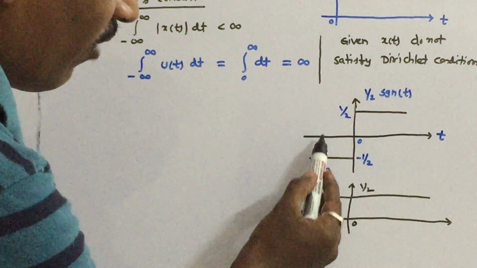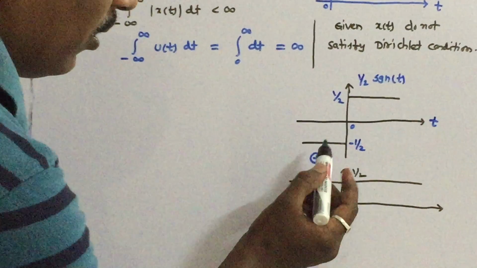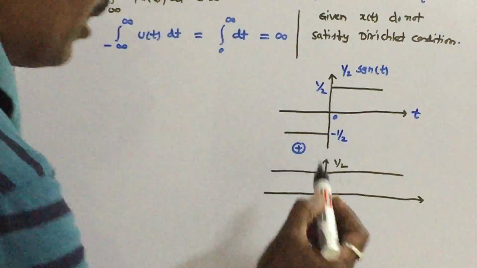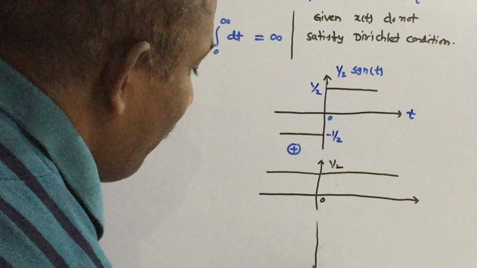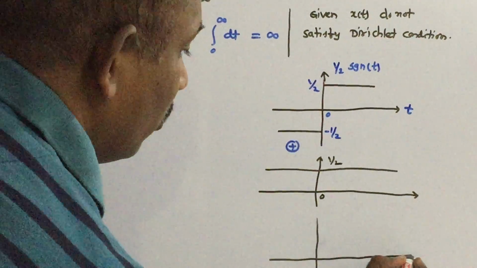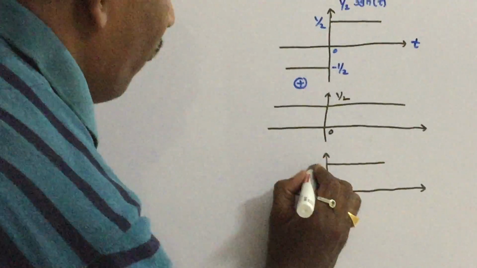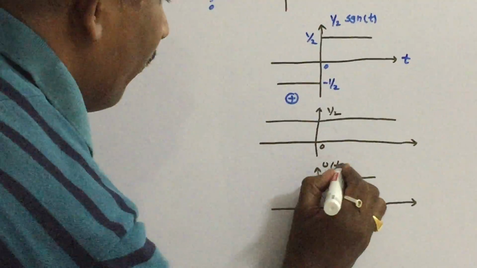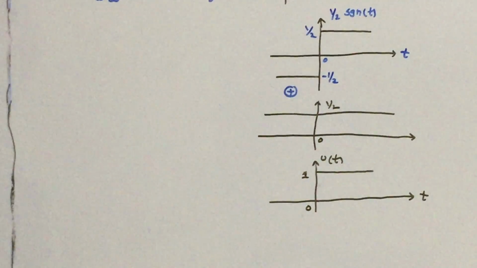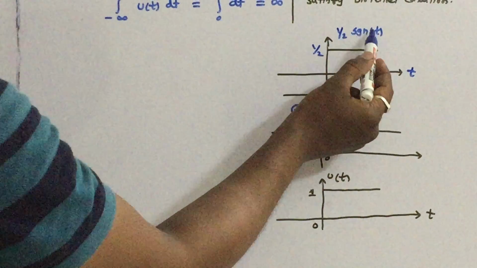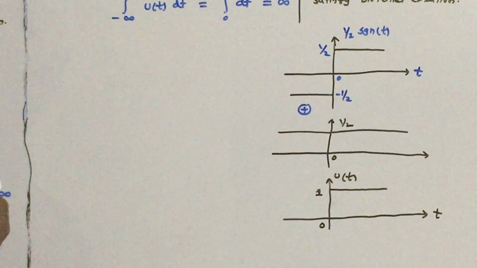If we add both of them, on the left side minus 1 by 2 plus 1 by 2 becomes 0. On the right side 1 by 2 plus 1 by 2 becomes 1. The amplitude becomes 1, so it becomes u of t. So u of t can be written as 1 by 2 plus half signum of t.